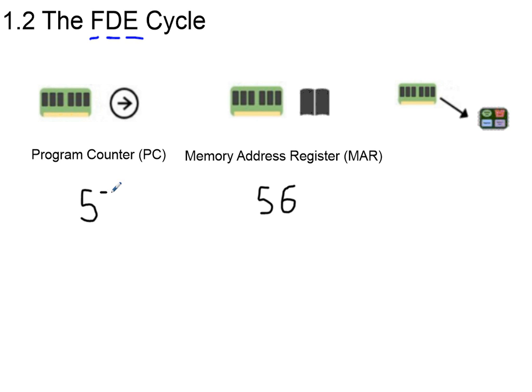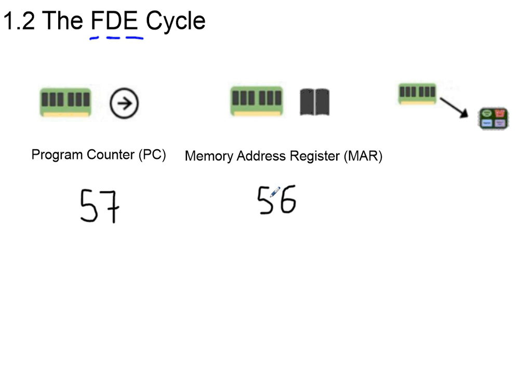So while we are moving on to the next stage of the FDE cycle, and we're about to fetch from RAM, the program counter can move up and get ready for the next one. So all of these things are happening extremely quickly inside of the CPU, and you can't waste any time. So we use a separate register to tell us exactly where this instruction is going to be fetched from.